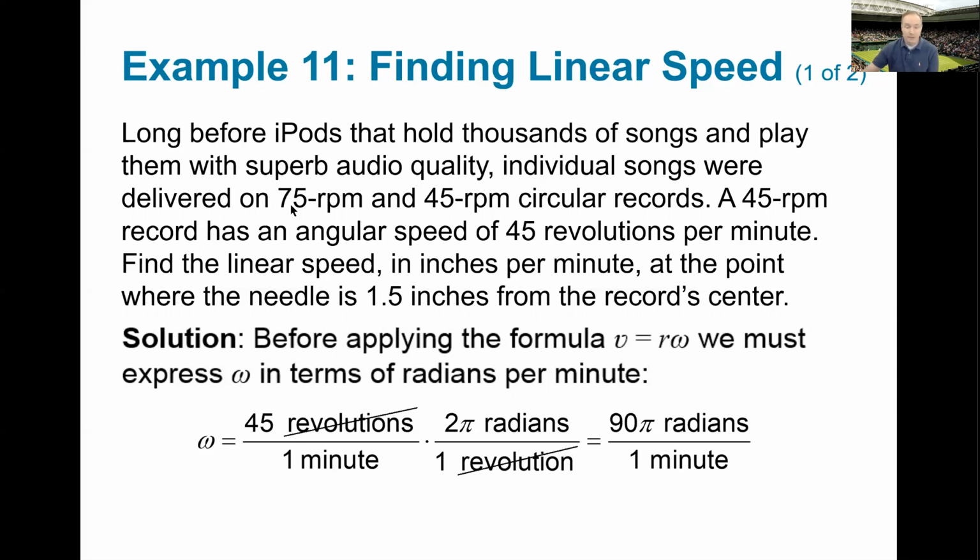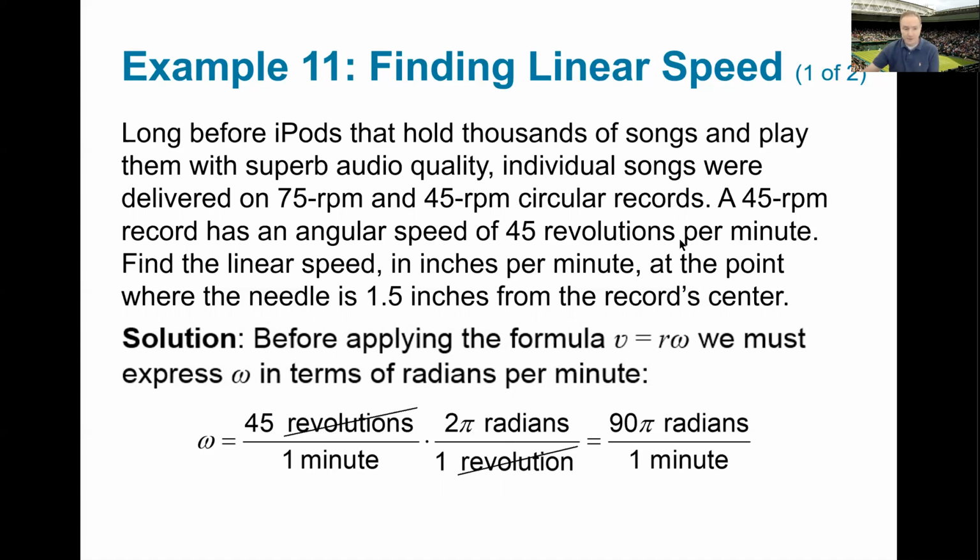Individual songs were delivered on 78 RPM or 45 RPM circular records, a long time ago. A 45 RPM record has an angular speed of 45 revolutions per minute. We're supposed to find the linear speed in inches per minute at a point where the needle is 1.5 inches from the record center.